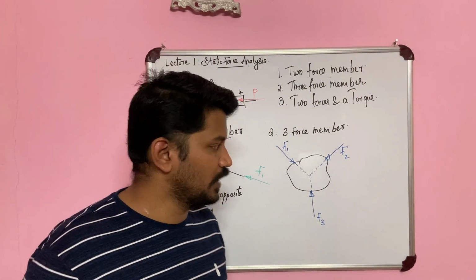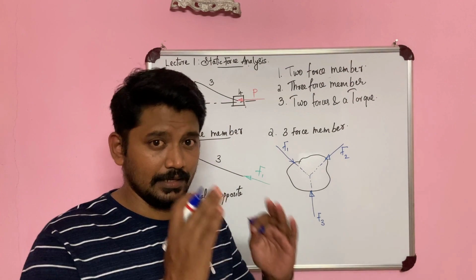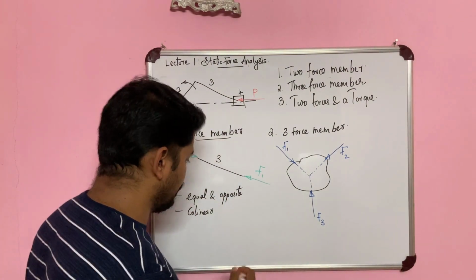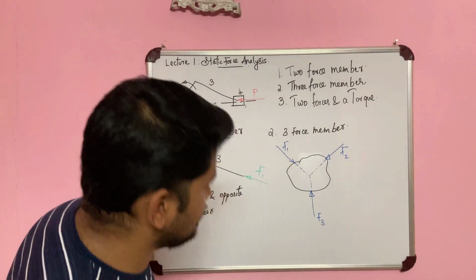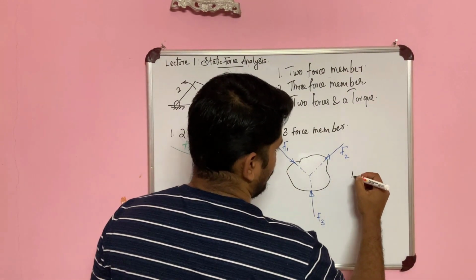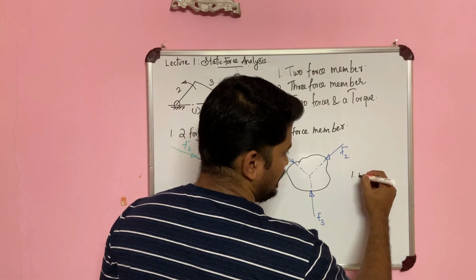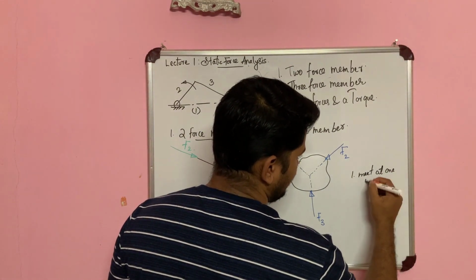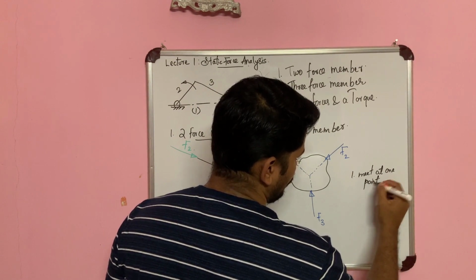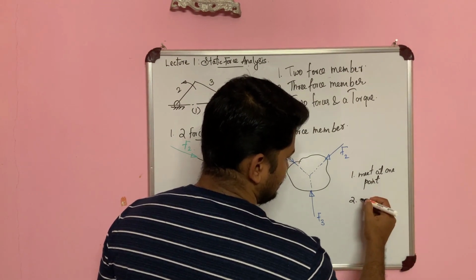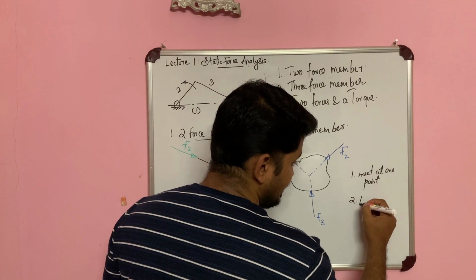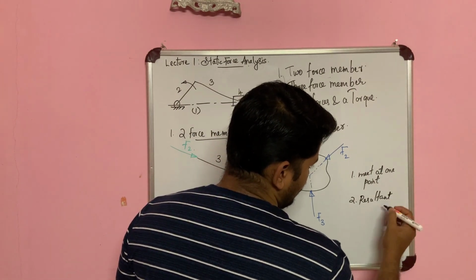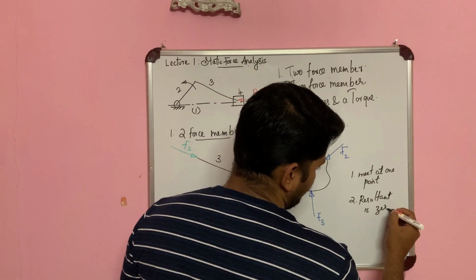That means it will form a closed triangle, a closed polygon. So the rule is all the three forces meet at one point and the resultant is 0.